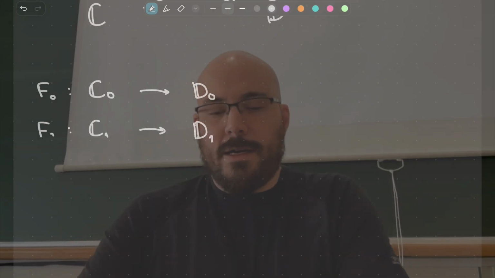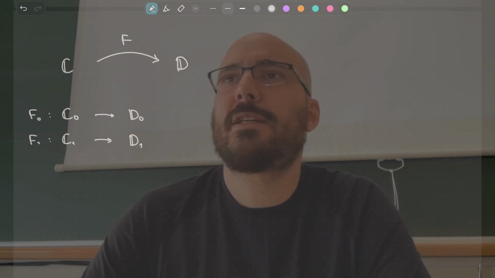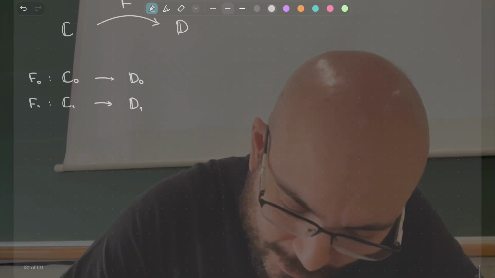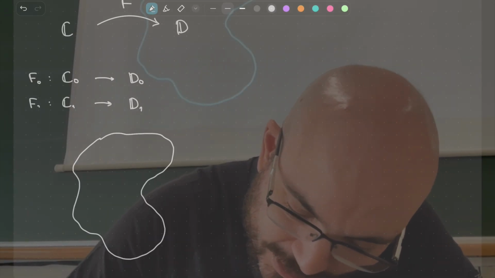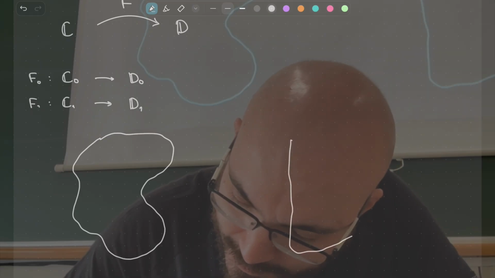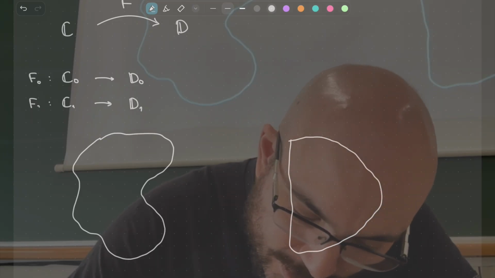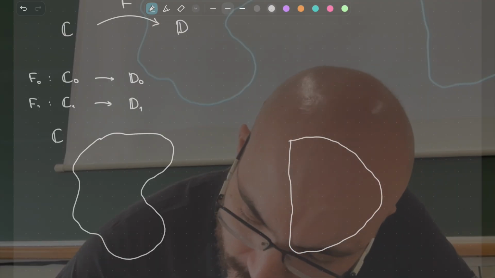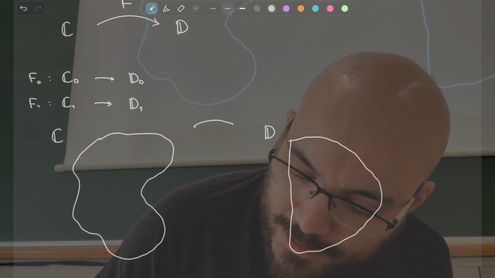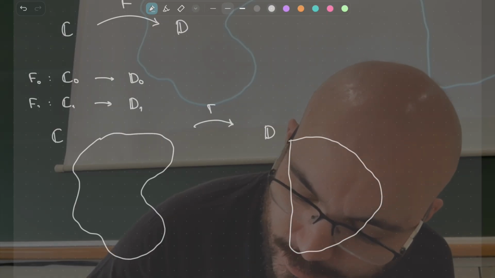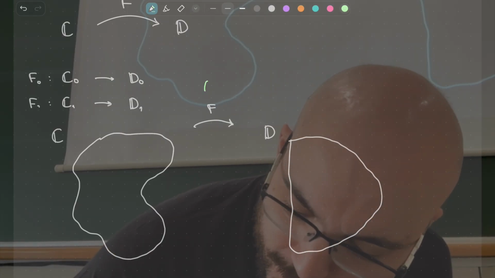Is that acceptable? So the idea is that I have a category. I will do this weird thing where I draw arbitrary categories that look like the letters I'm using, so this is C. This is just a convenience for me. I want something that maps this to this. This will be F, and we will call these things functors.